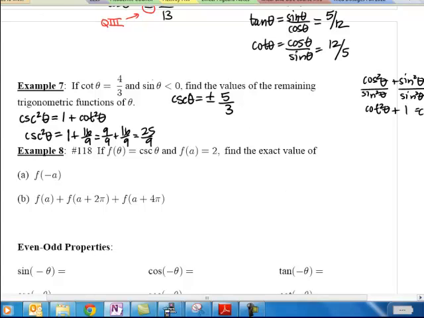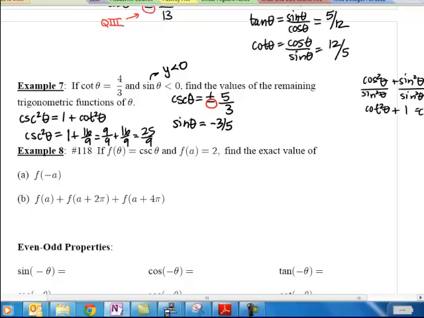And since sine is negative, we know the y coordinate is negative, and this is the reciprocal of y, so that's also negative. So we know we want negative 5/3. So now we've got cotangent is 4/3. Cosecant is negative 5/3. If we've got cosecant, we could get sine. That would be the reciprocal of this, so negative 3/5. Okay.